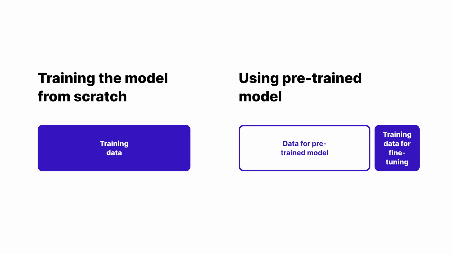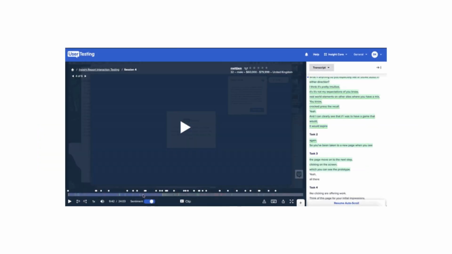To do this, you need to feed the machine a few thousand examples of real conversations. Or GPT can be fine-tuned to understand sentiments. To do that, you need labeled examples of positive and negative sentences. Usertesting.com, for example, is doing that to automatically identify where users struggle during the test session.